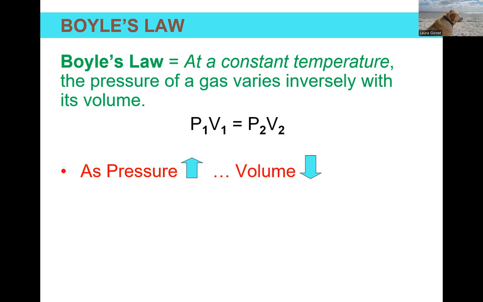But if we increase the pressure, then the volume decreases. And vice versa, if we increase the volume, the pressure will decrease. So as one goes up, the other goes down. P1V1, your initial pressure and volume, equals the end pressure and volume, P2V2.